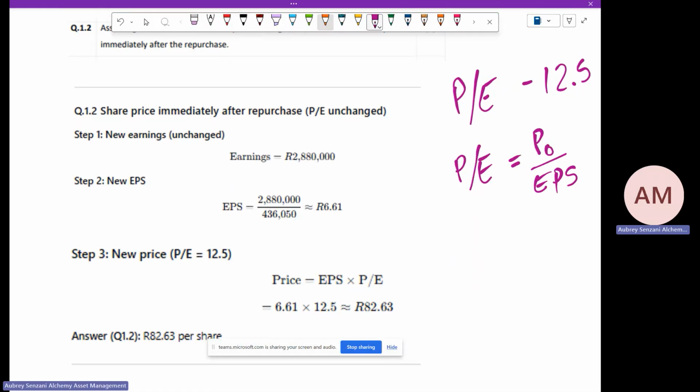Okay, so this is what we are looking for. We have this, it's 12.5, and we have earnings per share. No, we don't have the earnings per share. So we need to calculate this first. Okay, so that is exactly what they're now doing. So here you can see our earnings hasn't changed.